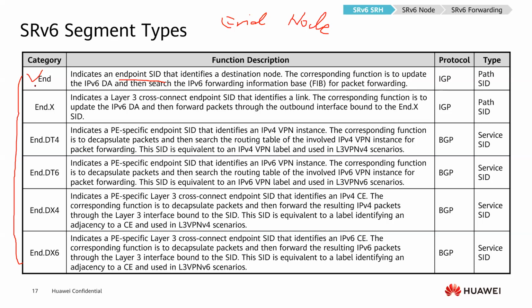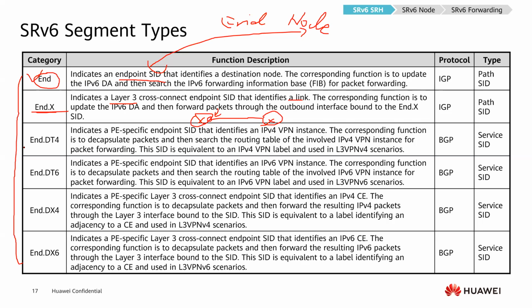So in SRv6, the End type segment is the node SID, with the same concept. It indicates the device itself. End.X indicates the layer 3 interface, the layer 3 link which connects to another device. So if I want to use a segment to describe this interface, I will use the End.X type segment.